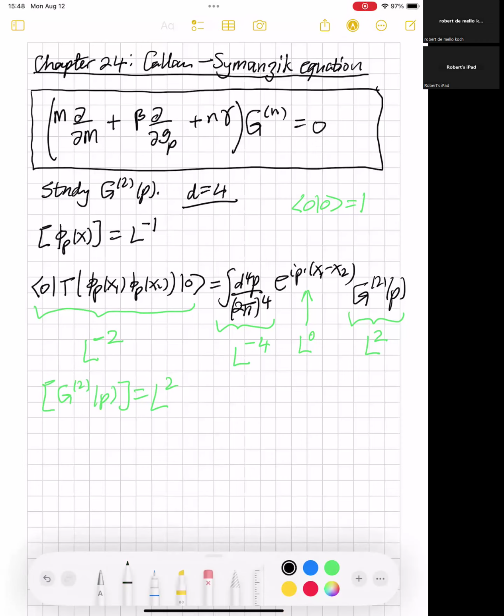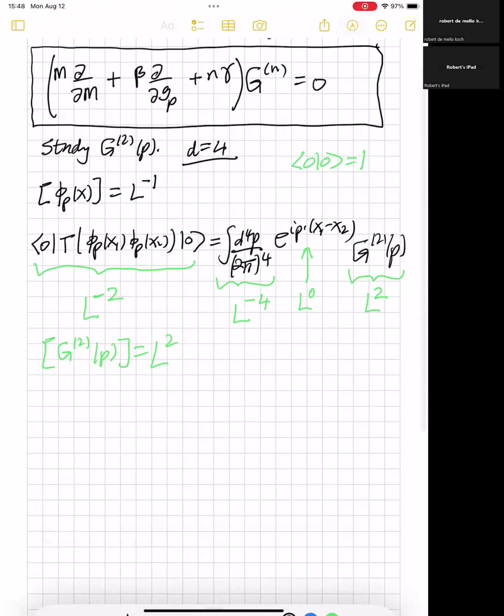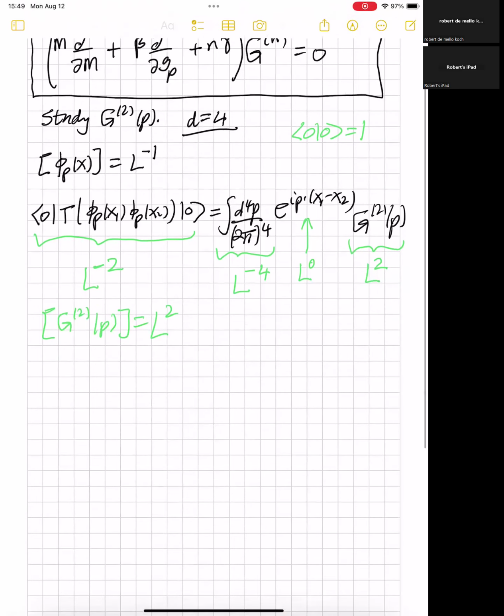Okay, so this is just by dimensional analysis, let's write down a formula that has to be true for G2. So here's G2 of P. I'm going to pull out a 1/P squared. All that does is make sure that I've got the dimensions correct.